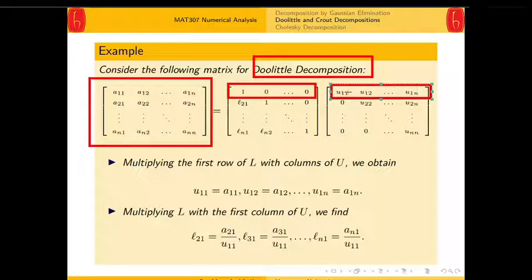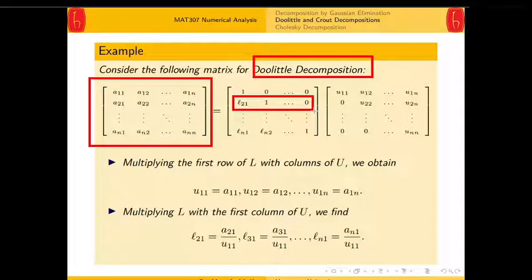Now we can proceed and multiply L with the first column of U. If you multiply the whole matrix with the first column, the second row with the first column will give us A21.